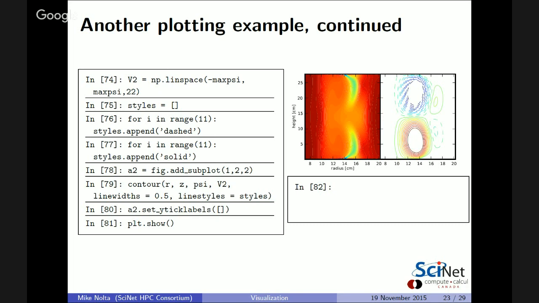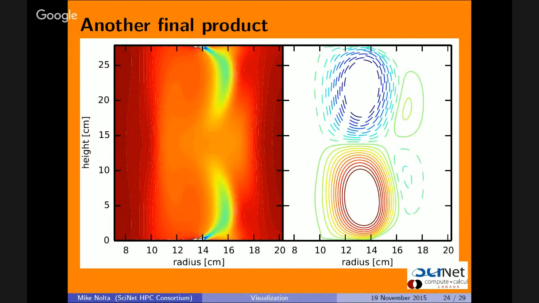Okay, so that gets rid of the tick labels. And then just add some X labels. And we're done. Exciting, sexy plot. Okay, does that all make sense?